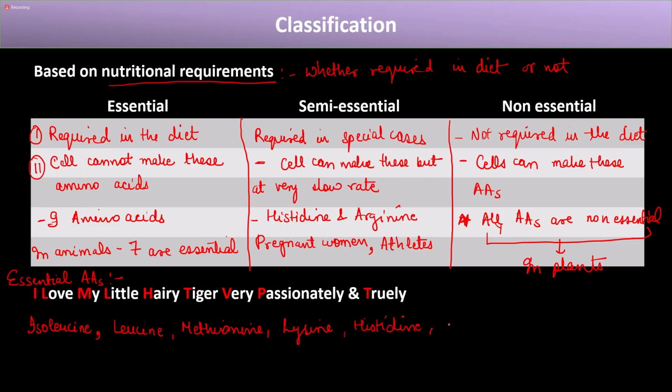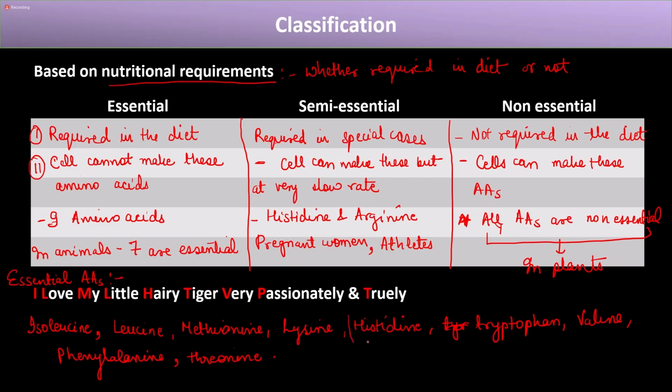Now you have tryptophan, valine, phenylalanine, and what we are left with is threonine. So these are the essential amino acids: isoleucine, leucine, methionine, lysine, histidine, tryptophan, valine, phenylalanine, and threonine.